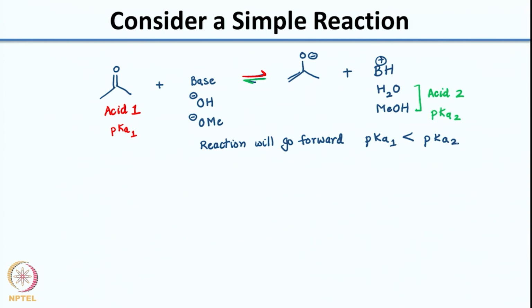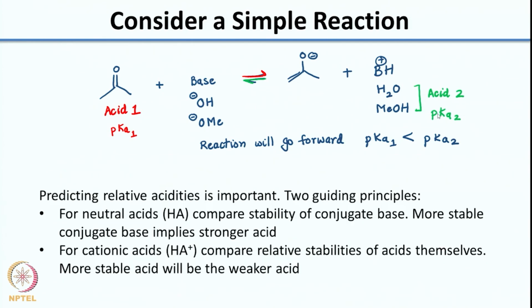So if pKa of 1 is less than pKa of 2, you will have the reaction go in the red direction, because now red is the stronger acid. But if pKa 2 is lower than pKa 1, then it will go in the green direction, because green is the stronger acid. So now understanding relative acidities is very important for you to understand a reaction.